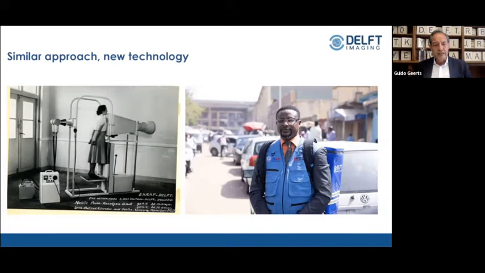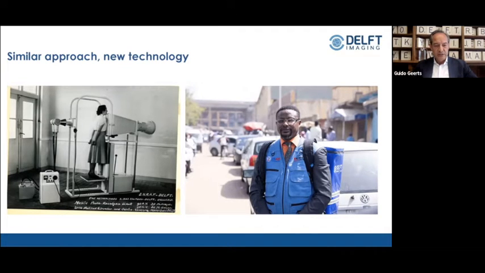But it was just in the last couple of years that we could improve this kind of technology with what you see on the right side, the backpack X-ray, that nowadays is battery powered and you can charge it with solar energy. So the interesting thing we would like to stress is that the approach was quite similar. The technology is very different.